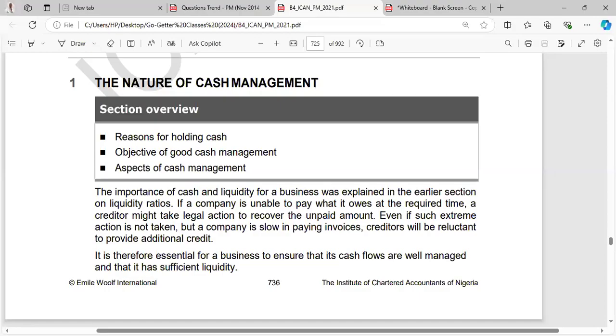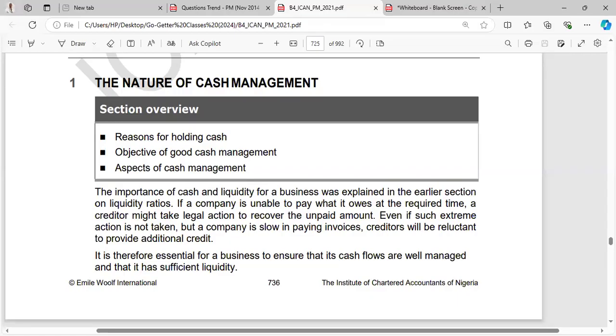If a company is unable to pay what it owes at the time required, the creditor will take legal action to recover the unpaid amount. And it could mean selling off some of the businesses. If the company is also slow in paying invoices, creditors will be reluctant to provide additional credit.